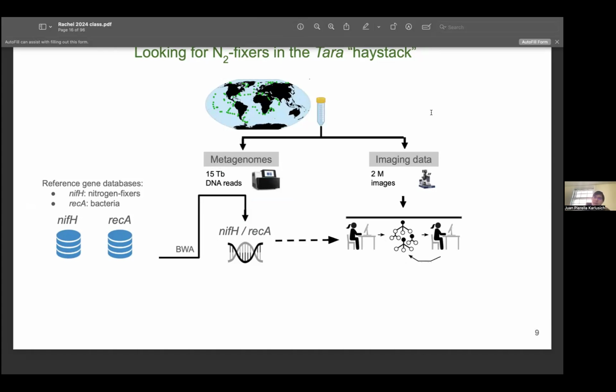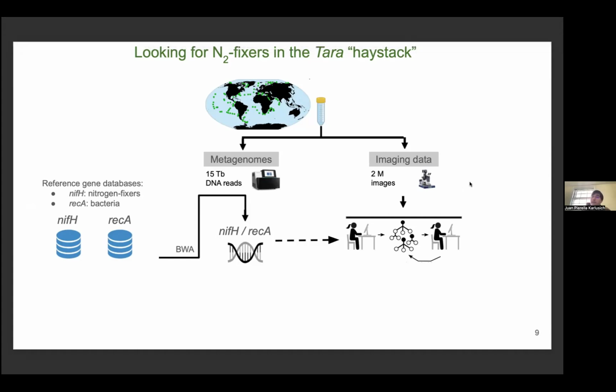So the workflow for annotating nitrogen fixer images consists of gathering example images, what is called a training set of images, and generating a machine learning model that learns from those example images in order to predict new images in the whole data set, which consisted of 2 million images.